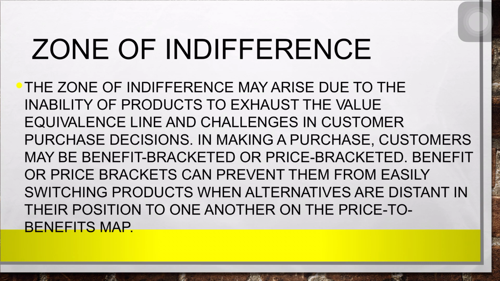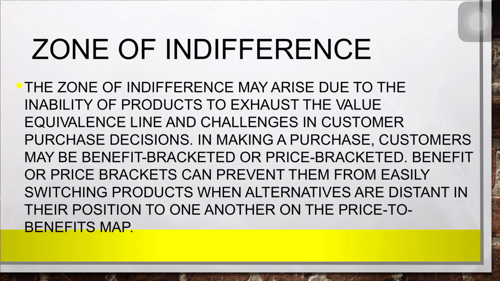In making a purchase, customers may be benefit bracketed or price bracketed. Benefit or price brackets can prevent them from easily switching products when alternatives are distant in their position to one another on the price benefits map.